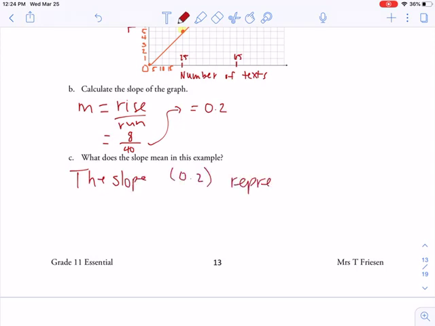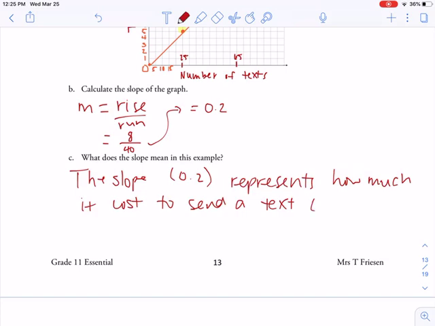The slope represents how much it cost to send a text. So cost per text.